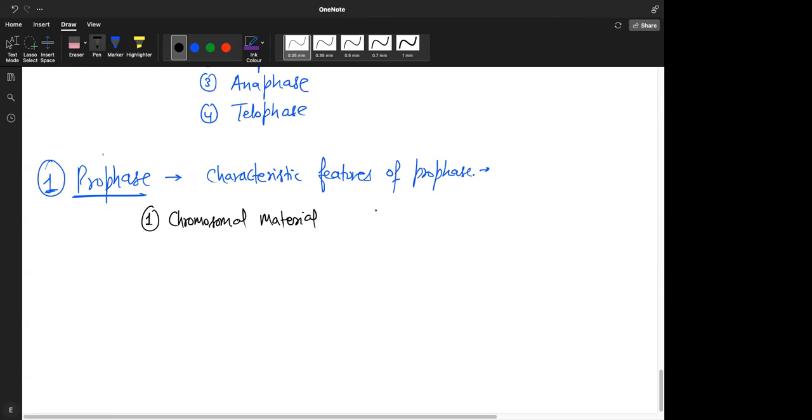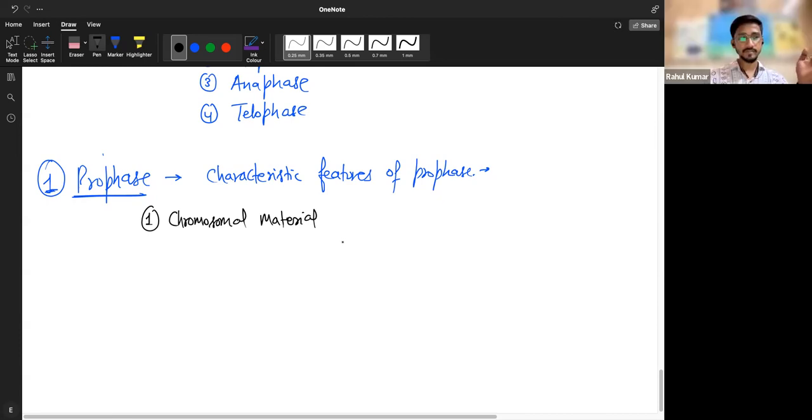Chromosomal material spread in the nucleoplasm starts to condense to form compact mitotic chromosomes.